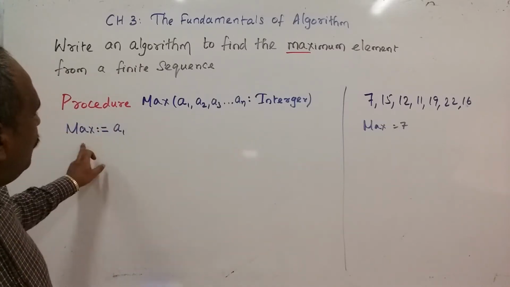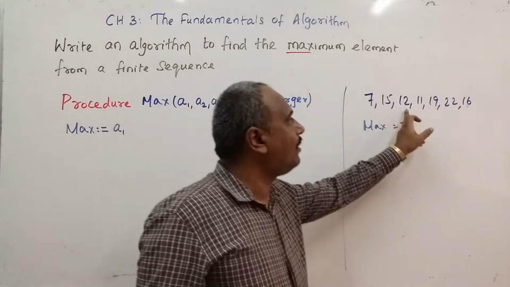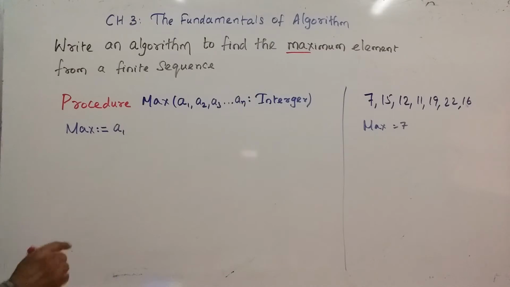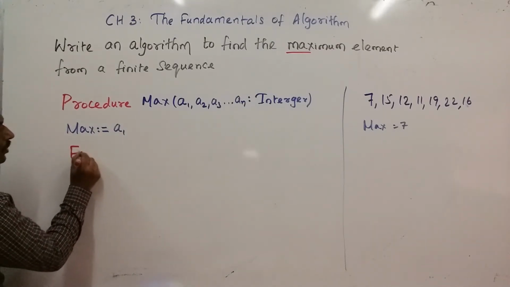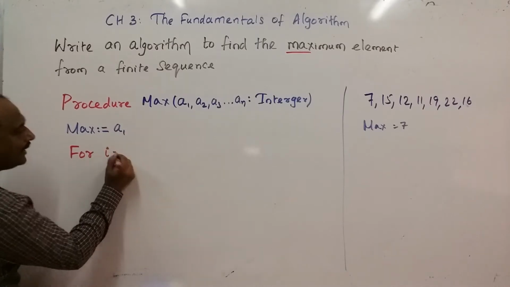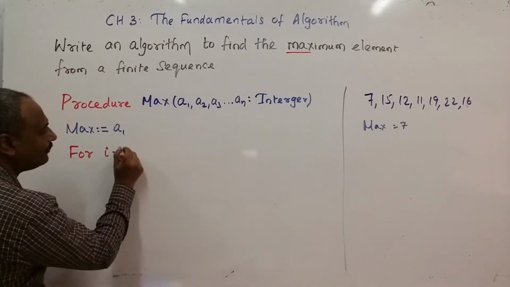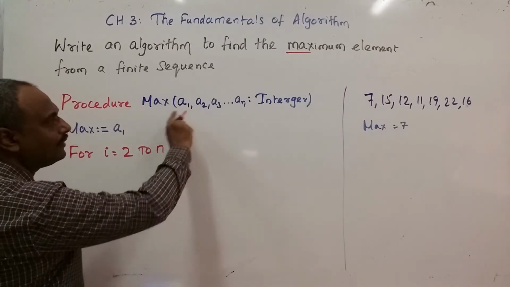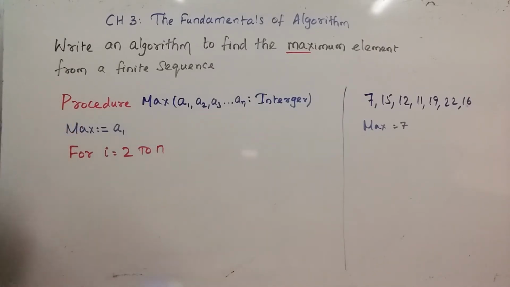So maximum equals A1. Now I am going to compare with the other numbers. That means when I compare the other numbers, there is a need for a loop. So I am going to write for i equal to, already I took the first number, so I am going to take from 2 to n, starting from the second number to the nth number.